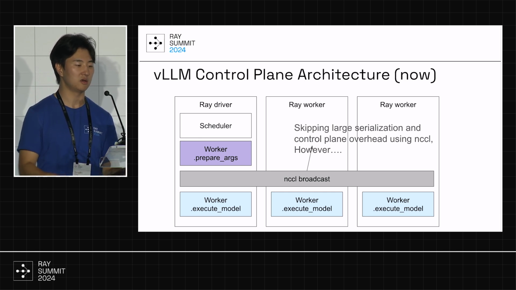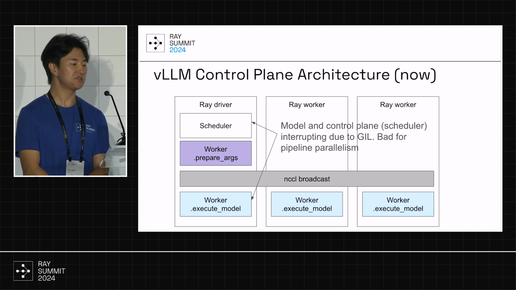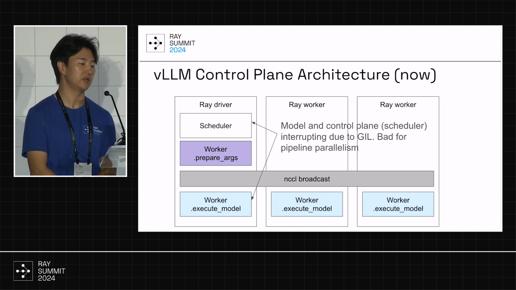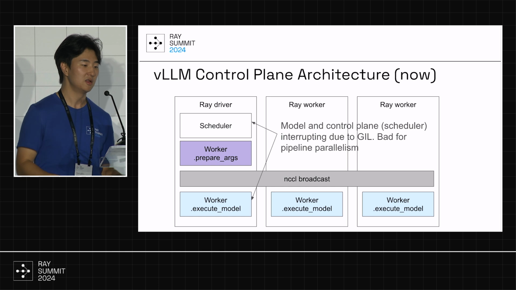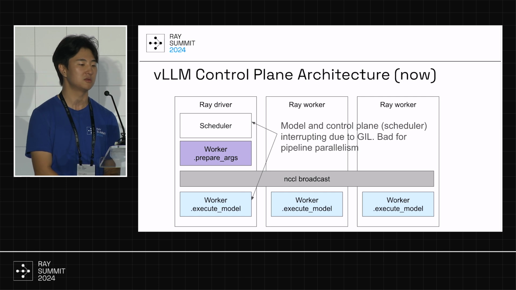And then you're running all the workers at the same time. This architecture reduced the serialization overhead in general, but it comes with another problem: the model and control plane actually interrupt each other because they're in the same process, and Python has a GIL. So you actually cannot fully parallelize the scheduler and the GPU workloads.